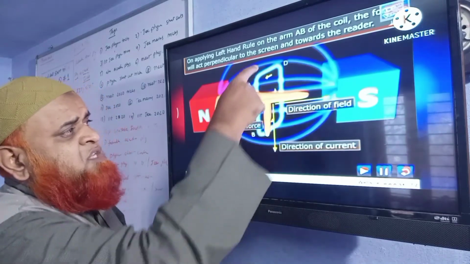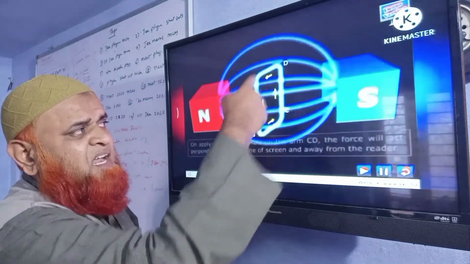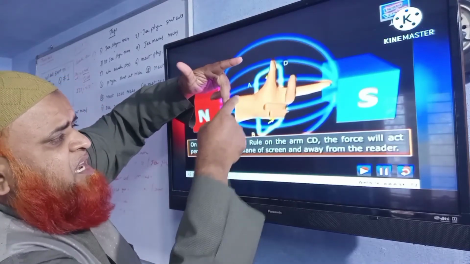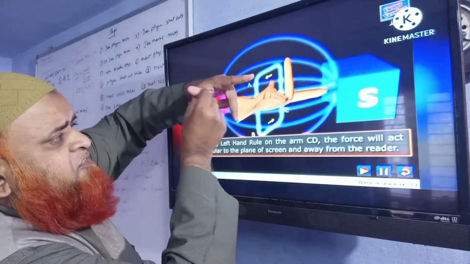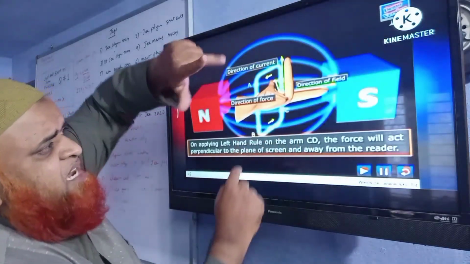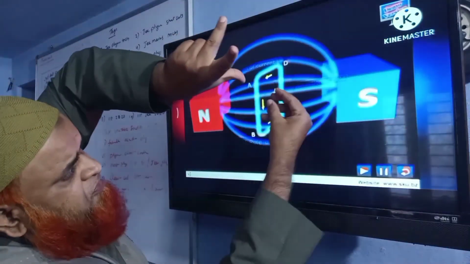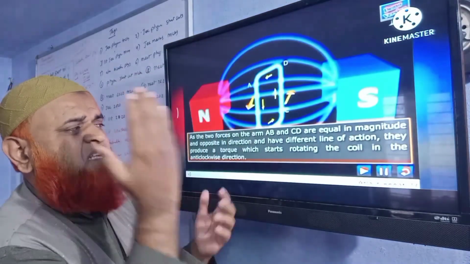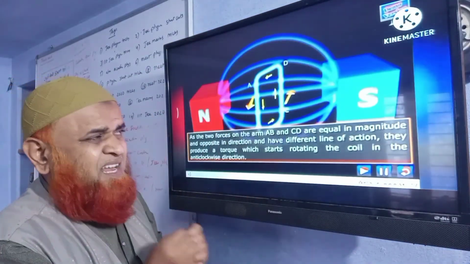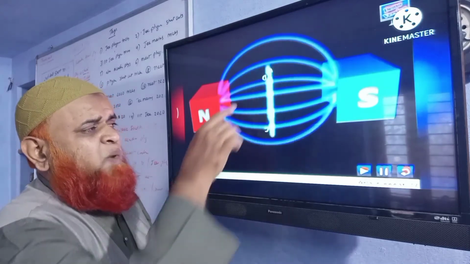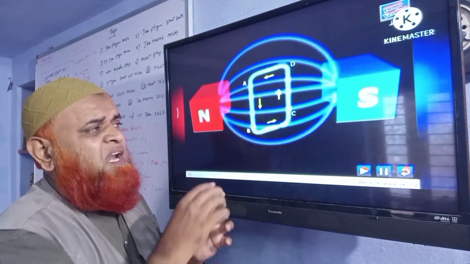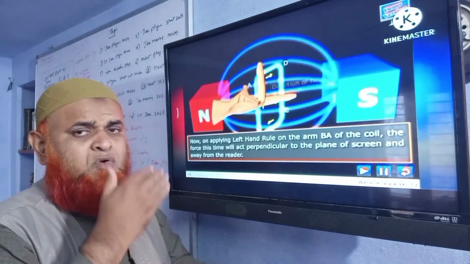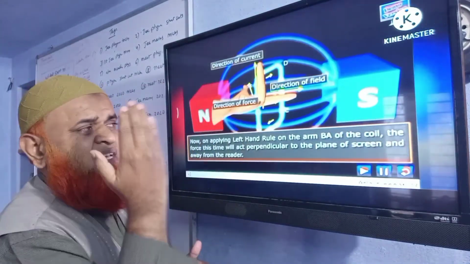So on this side of the rectangular coil, the current is downwards and the field will be like this. On the other side, the current will be upwards and the magnetic field will be in this direction. That's why the coil will start rotating in a clockwise direction. Whenever current flows through it, the coil acts like a magnet and starts rotating in the magnetic field.